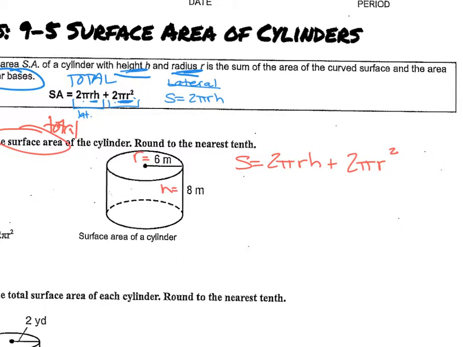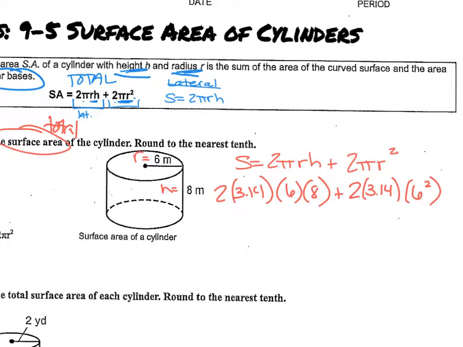Well, you can plug all of this into your calculator. So 2 times 3.14, which is pi, times 6 times 8, plus 2 times 3.14 times 6 squared. That's a lot. That's why I'm saying, yeah, write the formula down, because if you miss one of those little pieces, then it's all wrong.